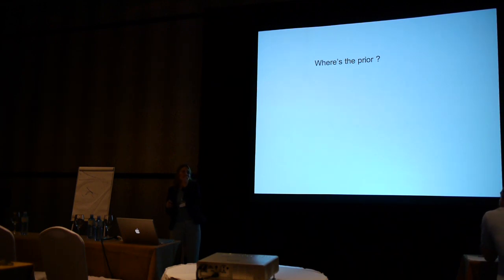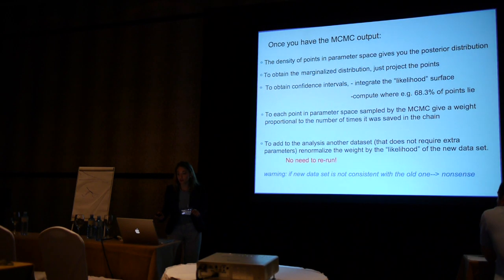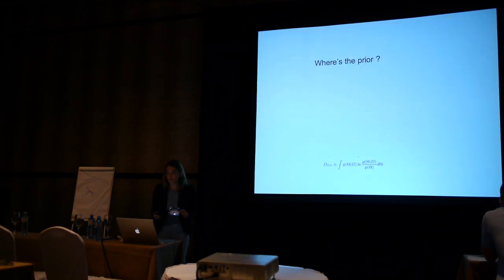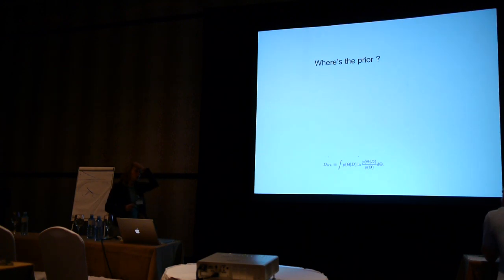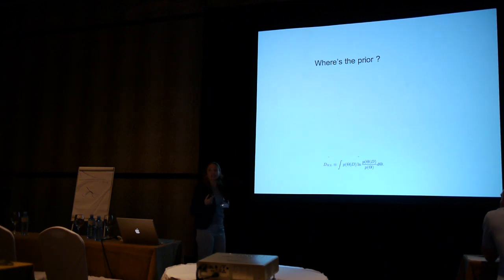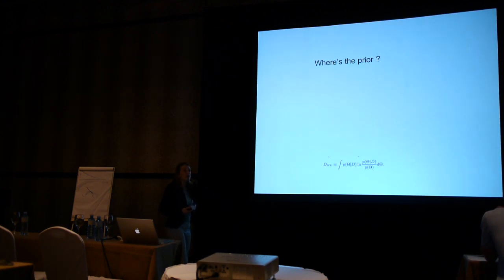So you have information with prior, the local density of points, and information without prior, the value of the likelihood at that point in parameter space. In some cases you may wonder what's the effect of my prior. And so one possibility is actually to know the value of the likelihood locally.